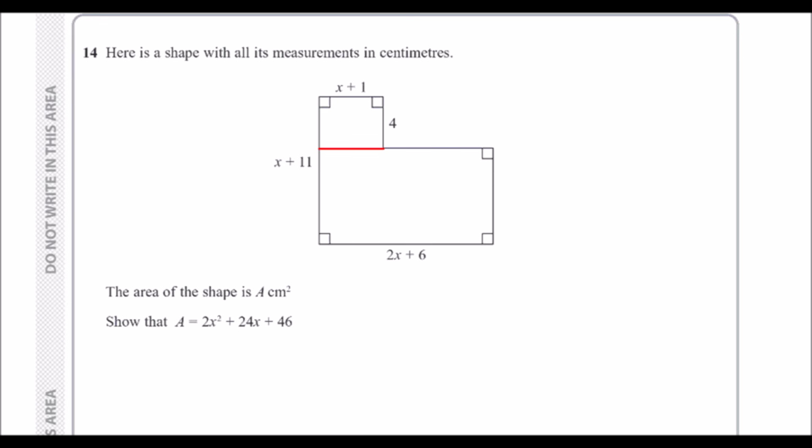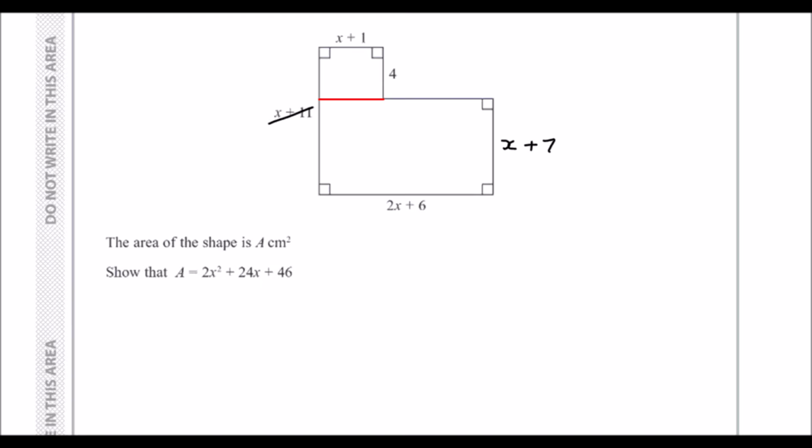And then we just need to find the missing length. So the whole height is x plus 11. This bit here that we've cut off is 4. So we take 4 away from x plus 11, gives us x plus 7. So x plus 7 plus 4 is the same as x plus 11.